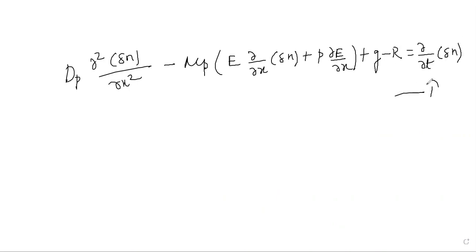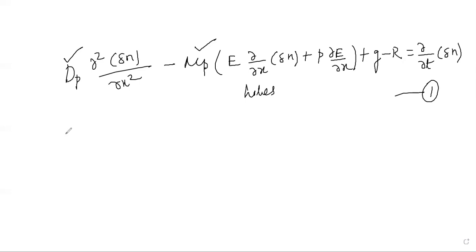So this is the time dependent diffusion equation for excess holes. You can see the diffusion coefficient for holes and the mobility of holes is considered, so this is written for the holes.